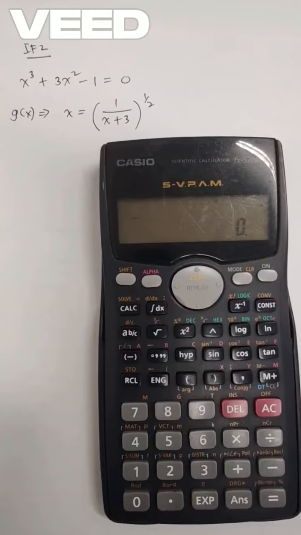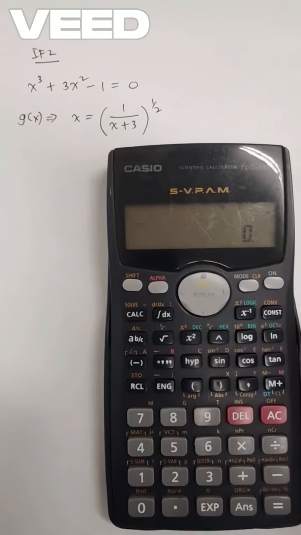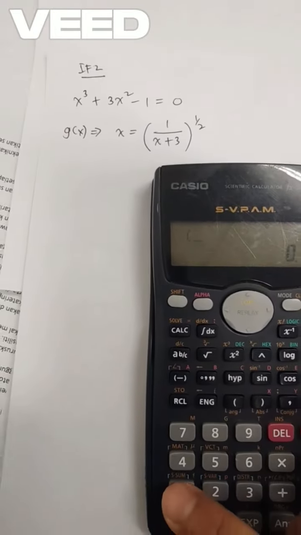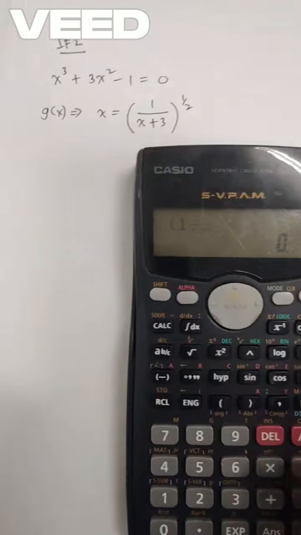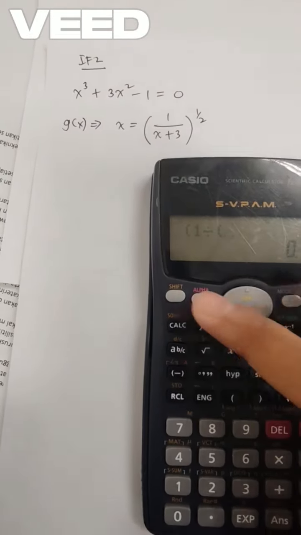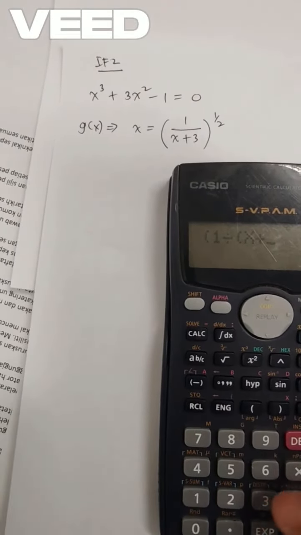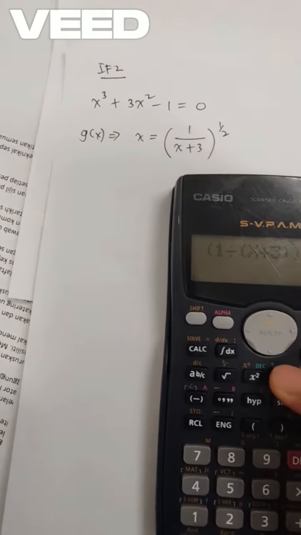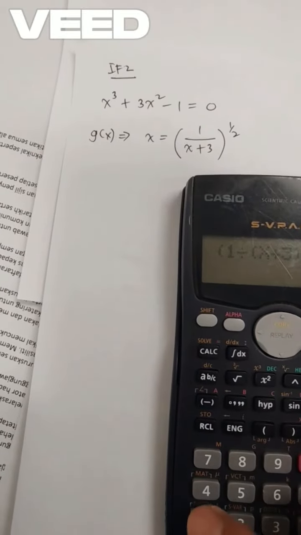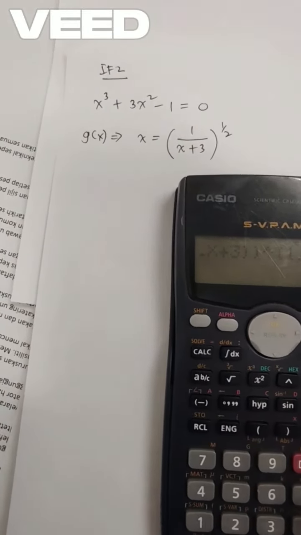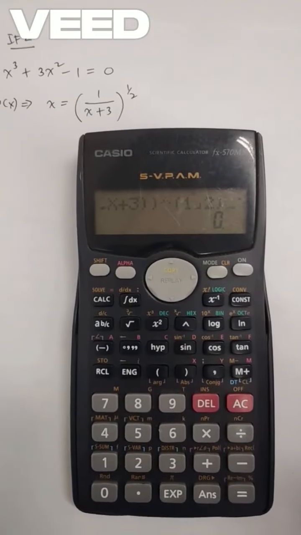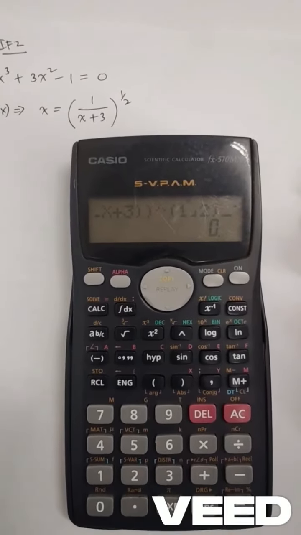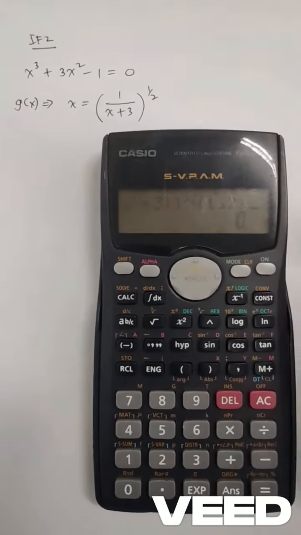First, you put g(x) into the calculator, which is 1 over x plus 3, to the power of 1 over 2.